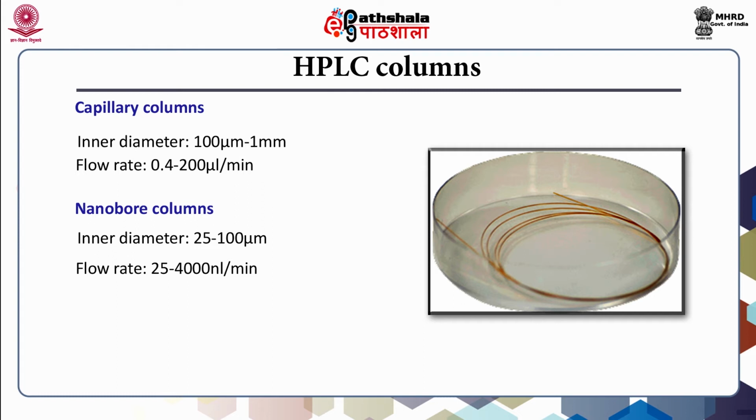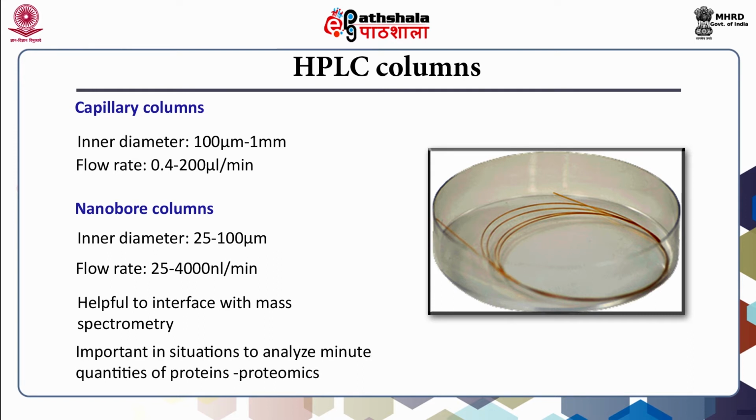The nanobore columns are mainly helpful at the interface with the mass spectrometry. These columns are important in situations where we analyze minute quantities of proteins, especially in proteomic studies. So, these nanobore columns are mainly useful in proteomics studies.